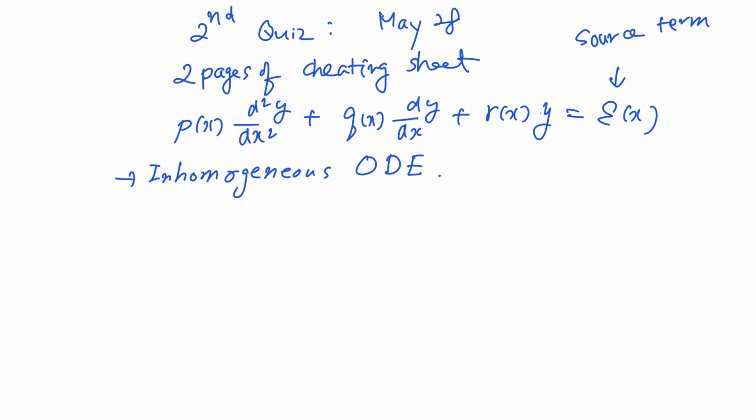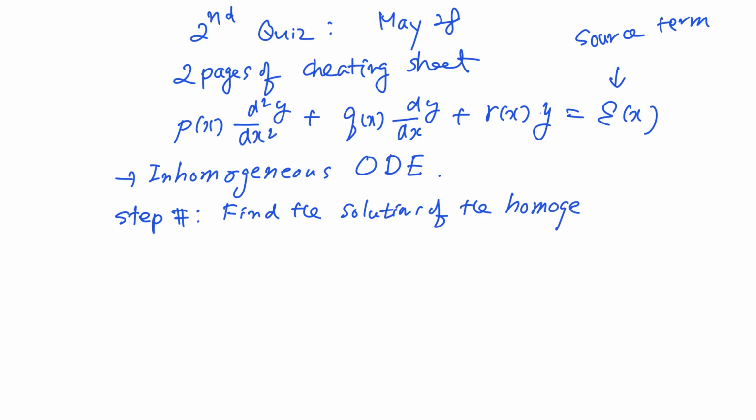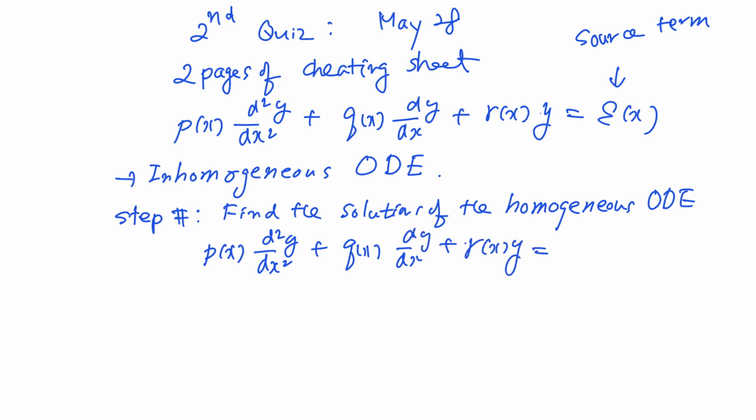So the steps are the following. The first step, number 1: the homogeneous ordinary differential equation p(x) d squared y over dx squared plus q(x) dy/dx plus r(x) y is equal to 0.